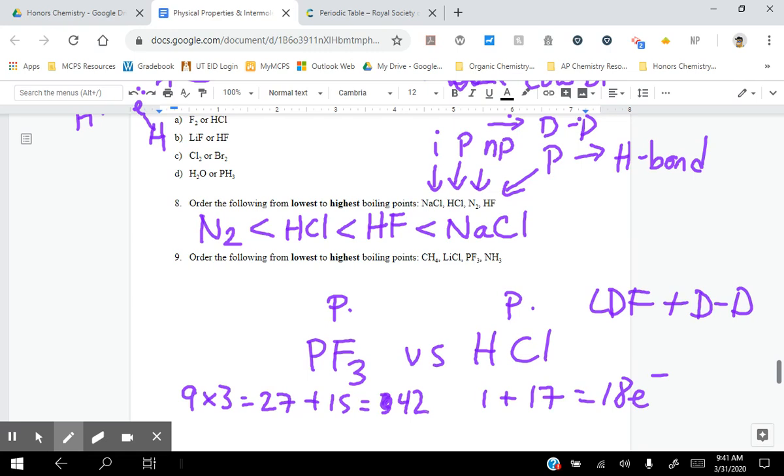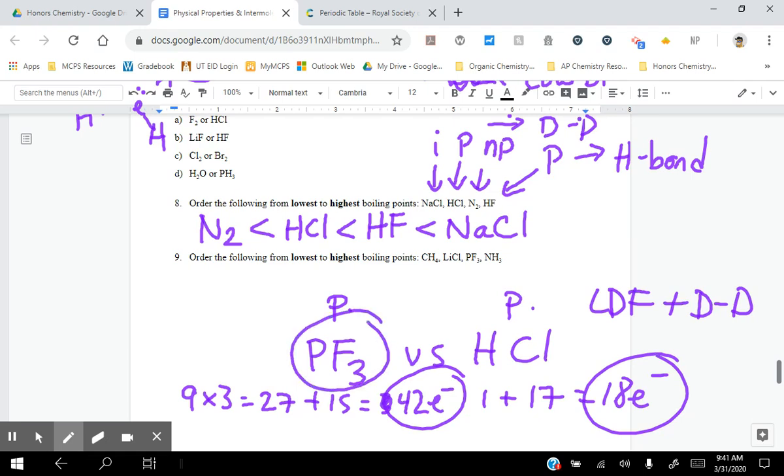When I'm comparing the number of electrons here, 42 is greater than 18. So PF3 would have a higher boiling point than HCl. So sometimes if they have the same intermolecular forces, you'll have to compare the number of electrons in order to identify who's going to have a higher boiling point.